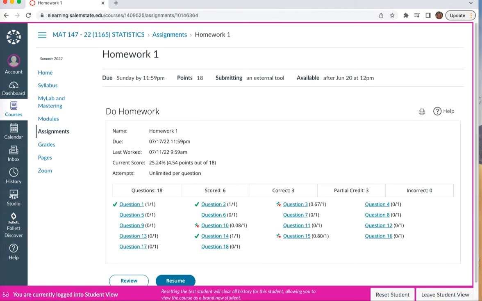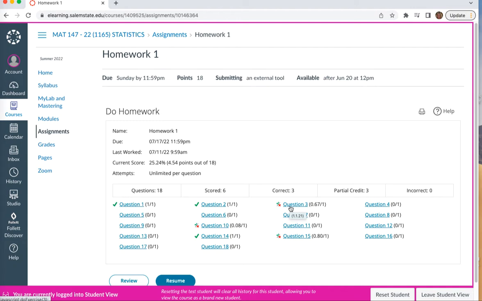I've already played around with homework 1, and you'll see that I have 3 questions completely correct with the green check mark, and I have 3 questions that are partially correct, a combination of a green check mark and a red X. I'd like to look at question 3 with you, and this is what you can always do.